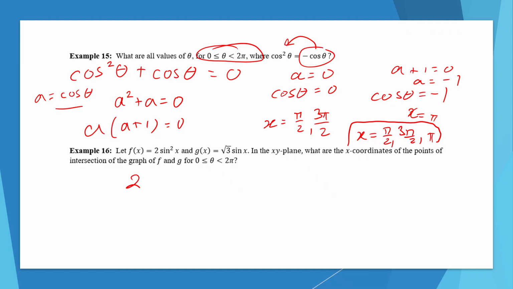Here we have 2 sine squared x, and we want to see where the intersection points are for x coordinates from 0 to 2 pi. So we're just going to set both of these equal to each other. Root 3 sine x. Notice how this is not underneath the radical, so the radical does not extend.